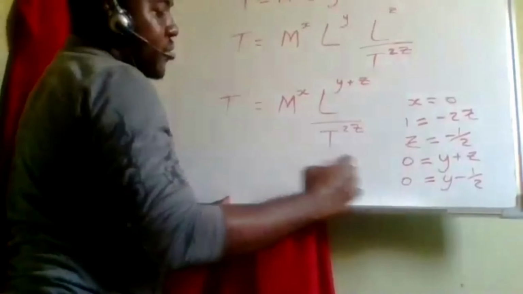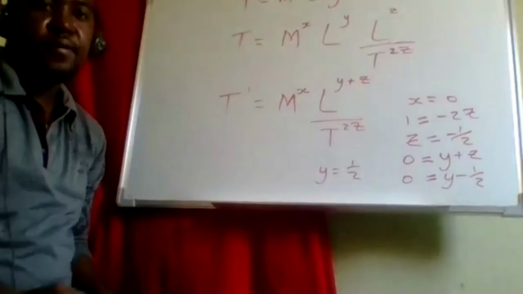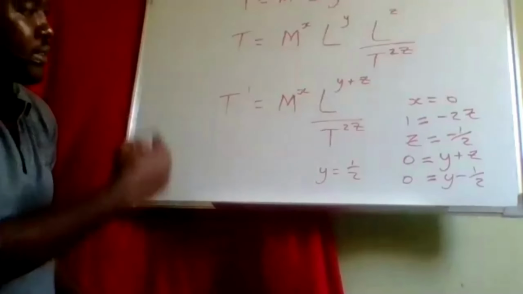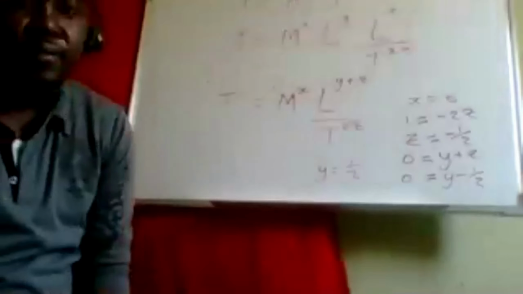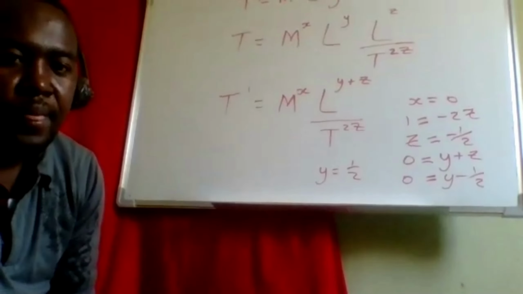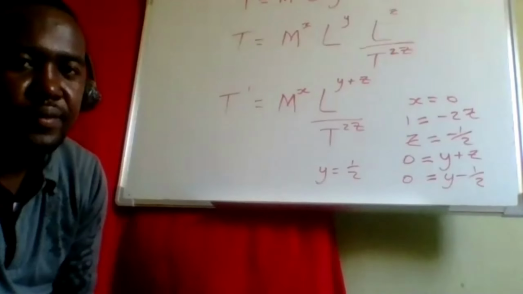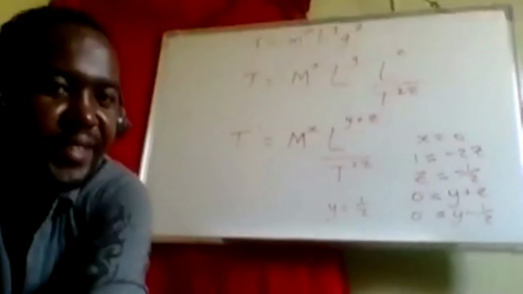So we take this over, so y becomes positive a half. So we have x equals 0, z negative a half, and y positive a half. That's what everybody got.